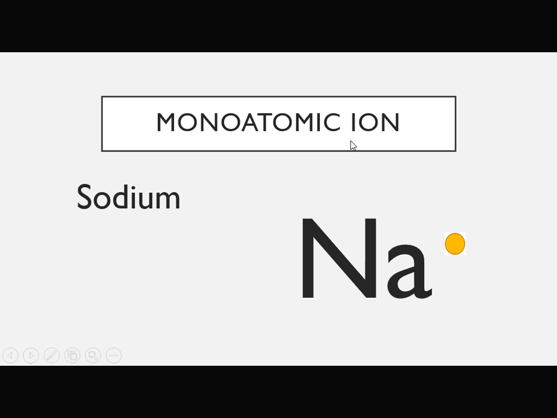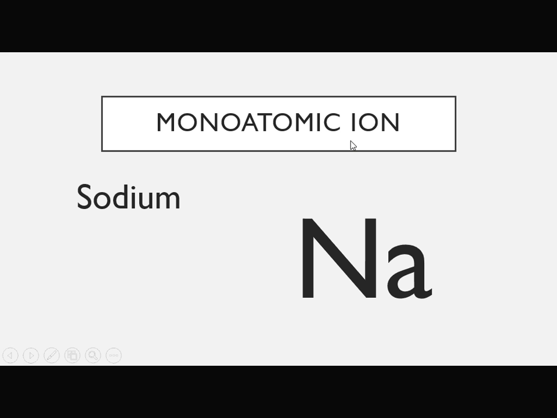Now, in order for sodium to achieve its stability, it wants to lose that one electron so that it has a full outermost energy level. So what sodium does is it gets rid of that electron. Now, instead of having 11 protons and 11 electrons, sodium has 11 protons.